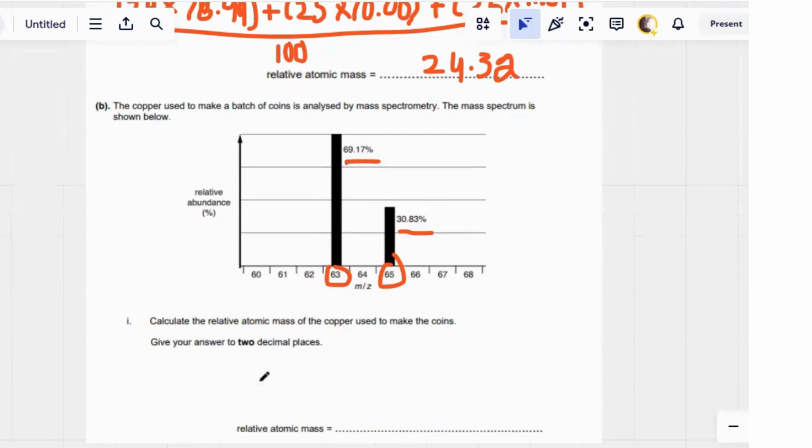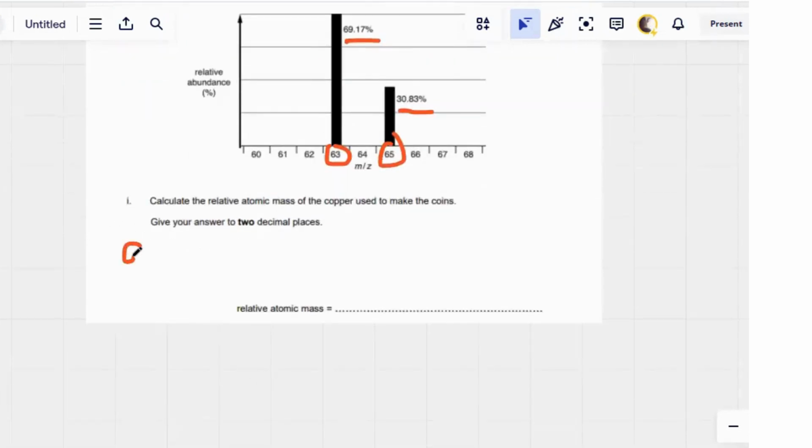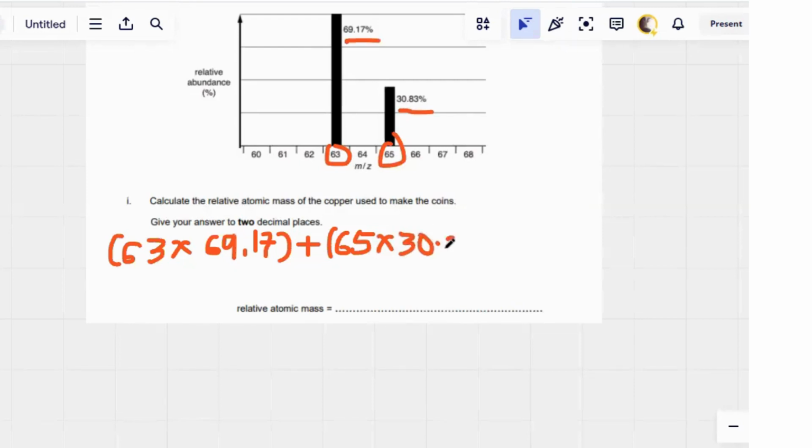So let's do it. It's 63 times 69.17. I will add it to the other isotopic mass, 65, times its relative abundance, 30.83, divided by 100.